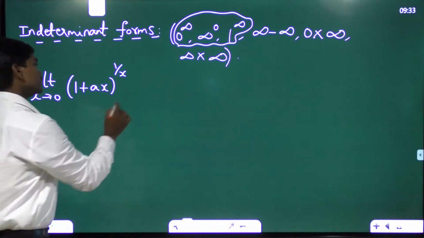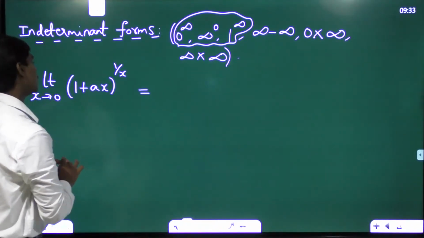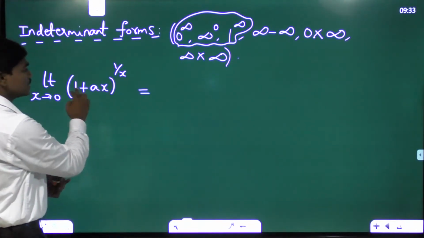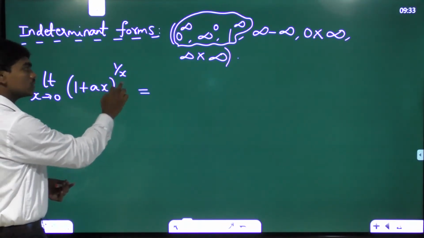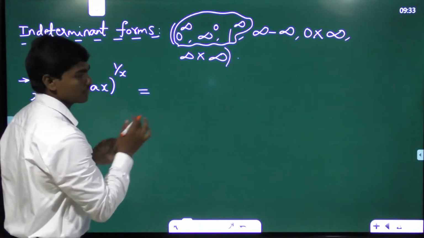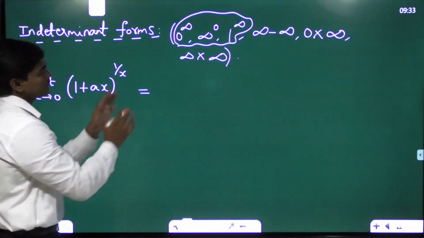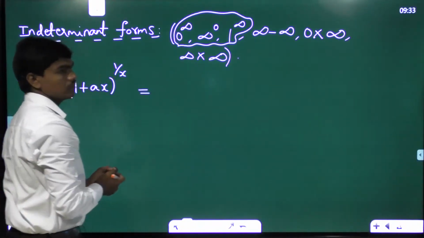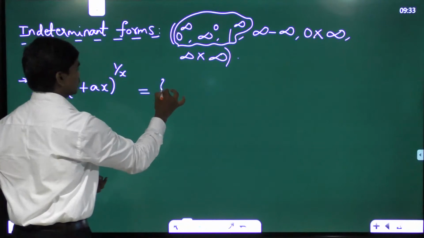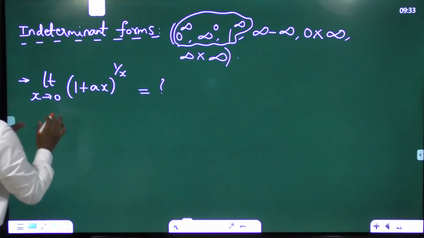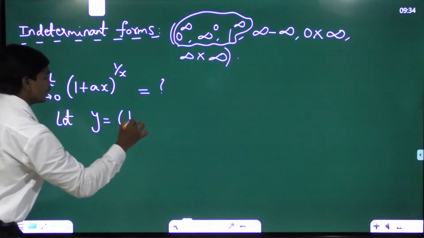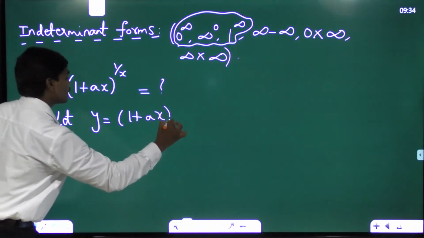Now if you substitute 0 here, it is one thing that's very much sure. 0 power infinity is the answer that you will be going to get, because if you put 0 here, 1 plus 0 is 0 and 1 by 0 is infinity, of course, with a sign change depending on the right or left interval, doesn't matter. So you are getting this first indeterminate form as 0 power infinity. Now let us see how to work out such questions. What's the answer for this? Okay. Now to evaluate this, let y is equal to 1 plus ax whole power 1 by x.